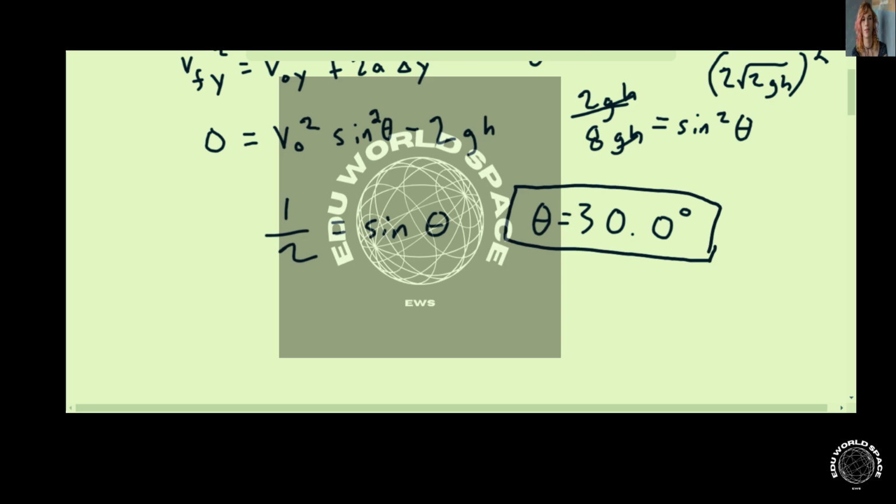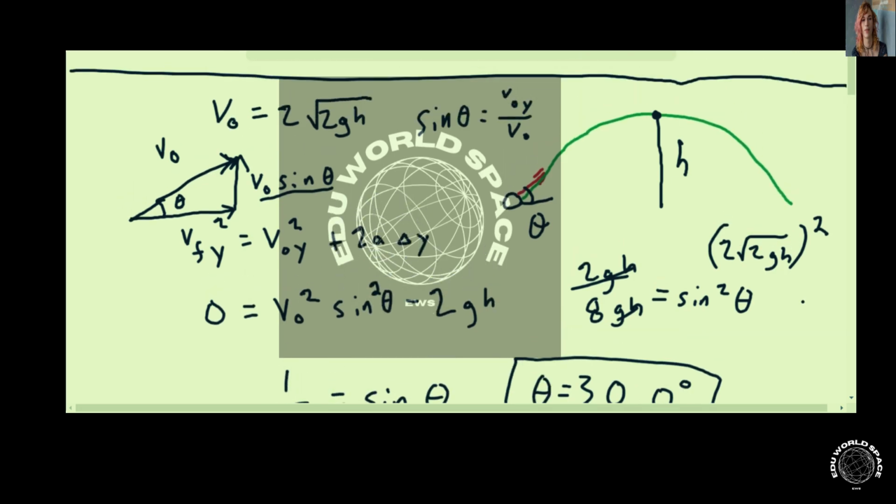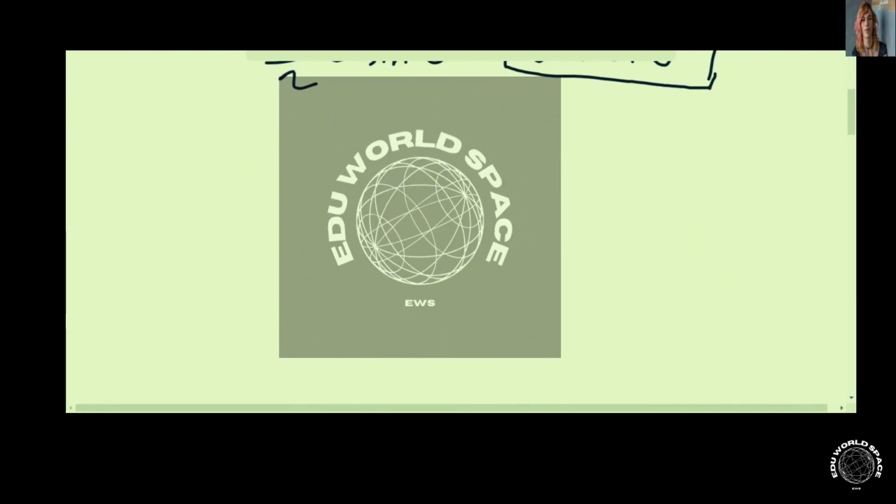Now we need to find the distance that this projectile travels from this to this. And how we can do that is by using velocity in the x direction is equal to distance over time. Now we're looking for distance, so we need time.